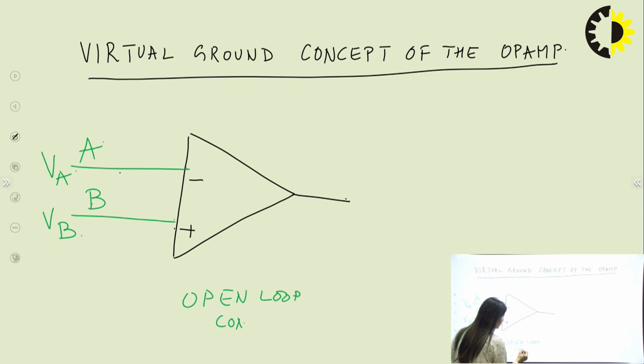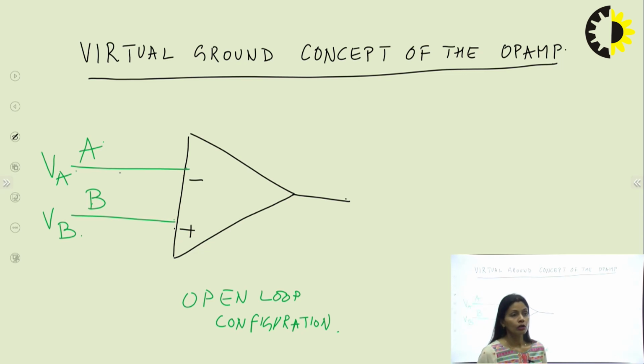The idea for open loop configuration is slightly different from the closed loop configuration. First of all, you need to identify the open loop configuration and the closed loop configuration.